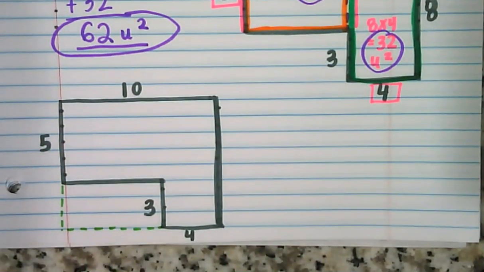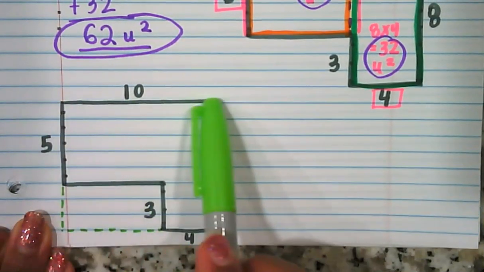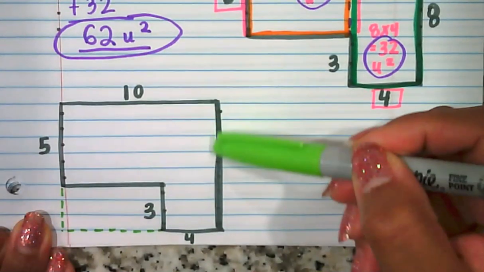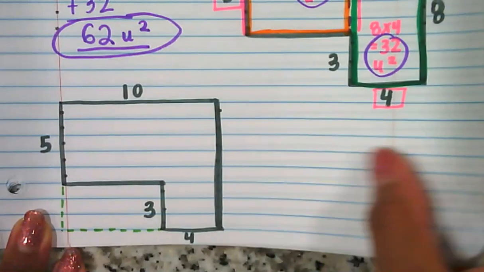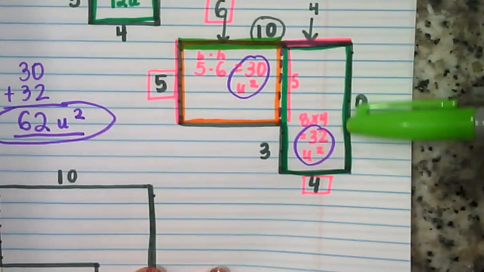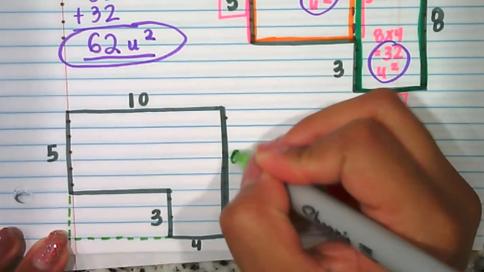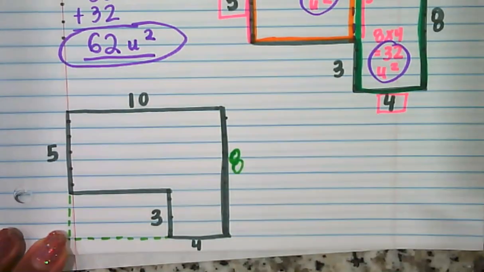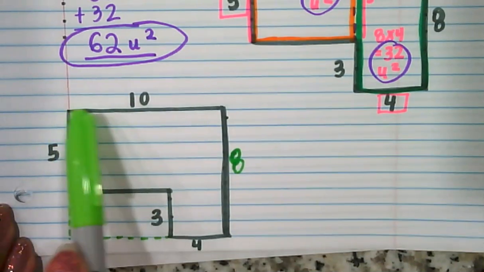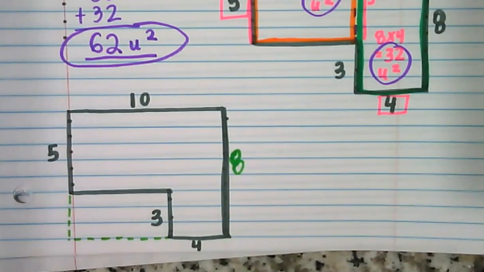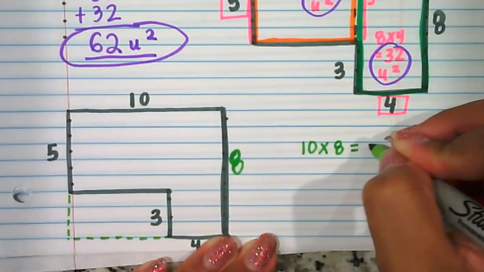And so my area would have to be 10, my base, times my height. And so my height would have to be, like we found just a second ago, this length is 8. So let's go ahead and write that here as well. So for this entire thing, we have 10 times 8. And 10 times 8 is equal to 80.